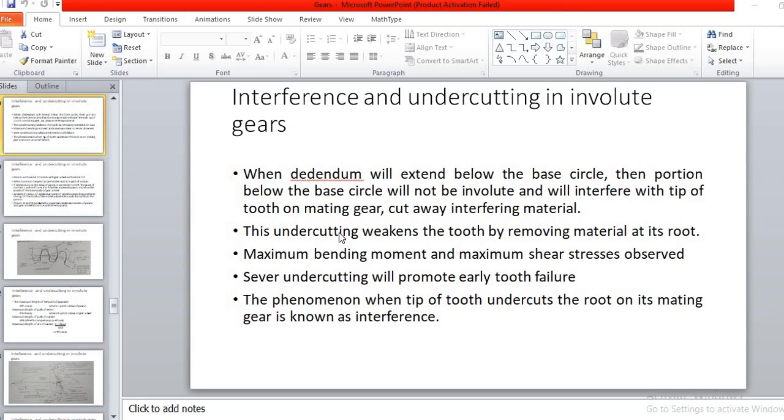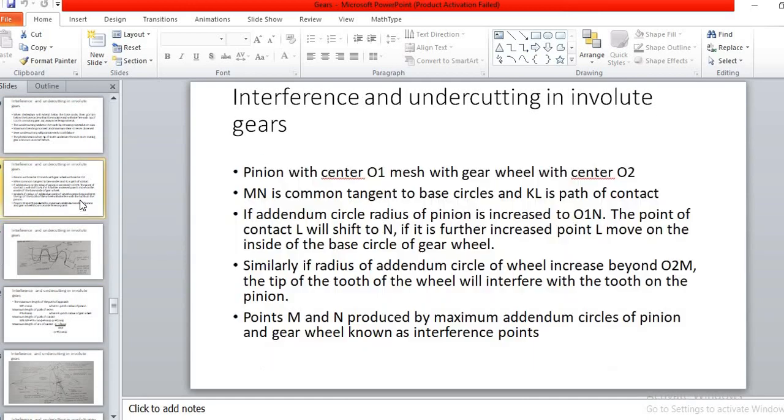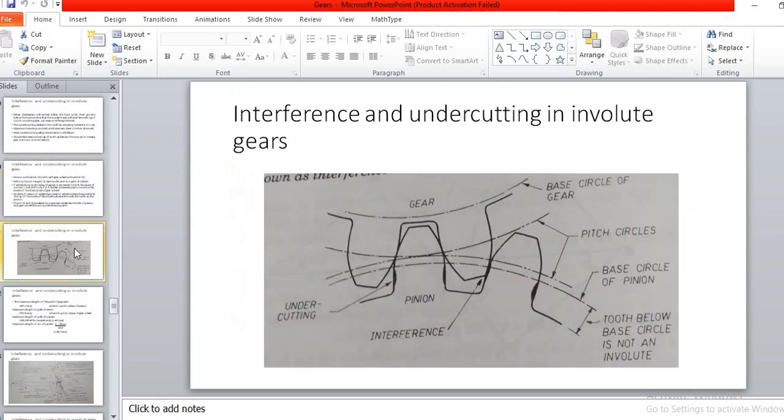Inverted gear. Now suppose in this diagram that we increase the dedendum, and it goes below the base circle.